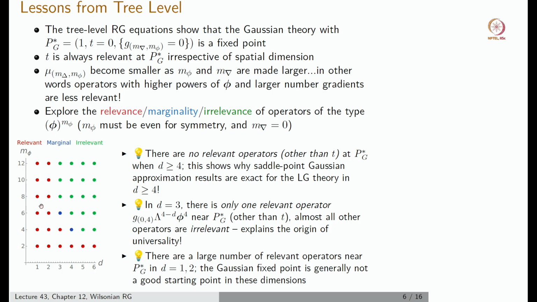Okay. And we have already kind of seen this, because we saw that when you go to d less than or equal to 2, the fluctuations start to dominate a lot. So you have to do something much better than Gaussian theory. So for now we will set aside d less than or equal to 2, and we will try to stay near d equal to 4. We will explore what is happening in d equal to 3, 4 etc. Okay.